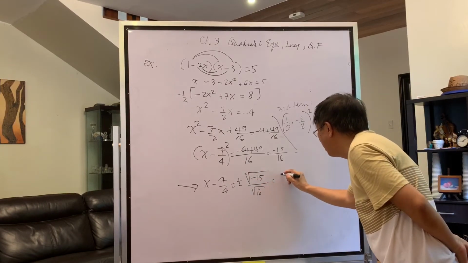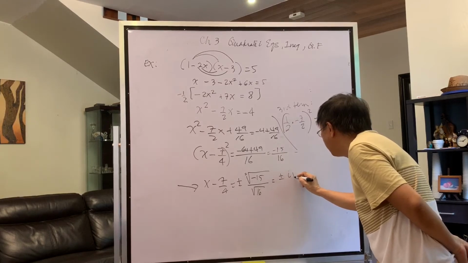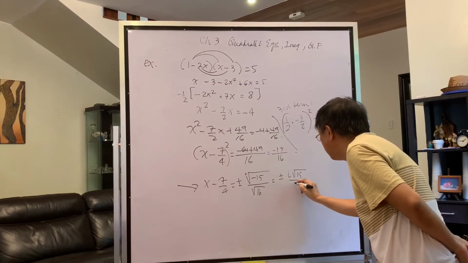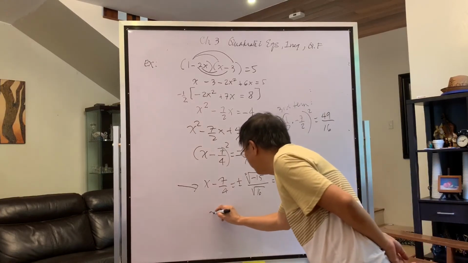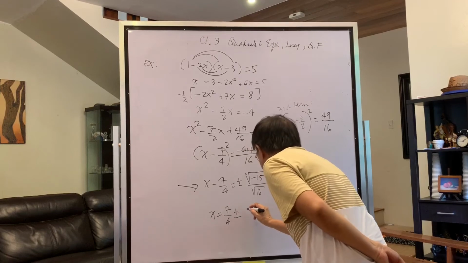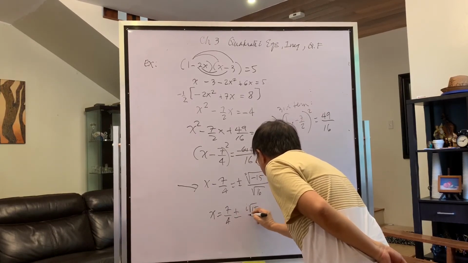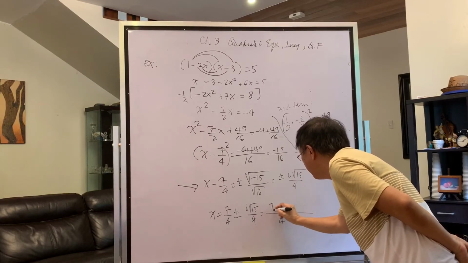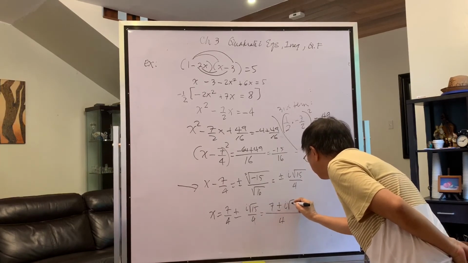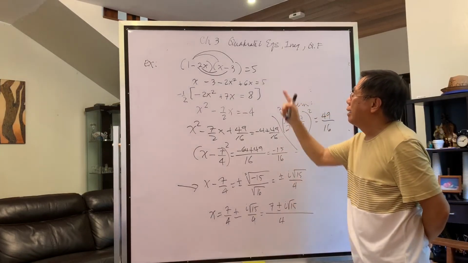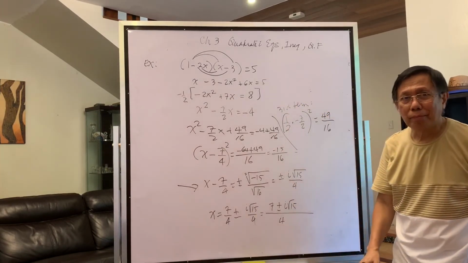So I will have plus or minus i times square root of 15 all over square root of 16, which is 4. Hence, my solution to this will be 7 over 4 plus or minus i times square root of 15 over 4, or combining them to a single fraction will give me 7 plus or minus i square root of 15 over 4 to be the solution set.